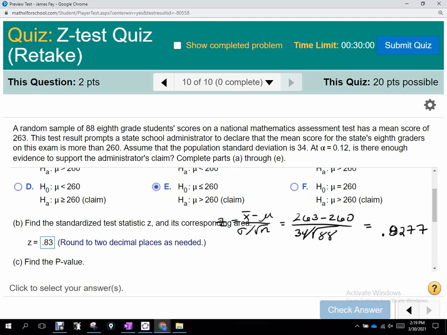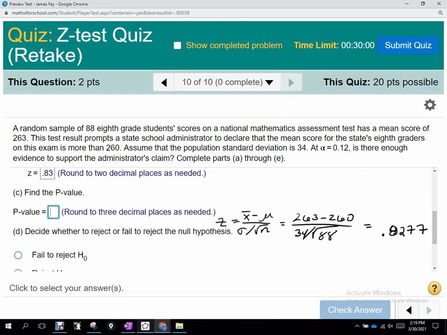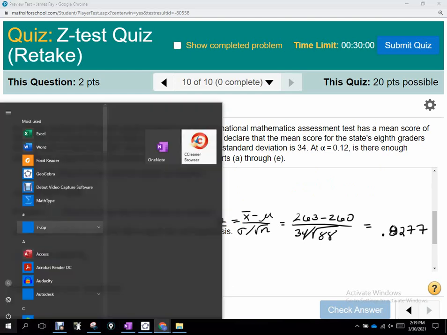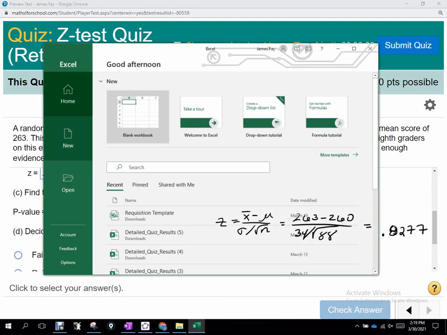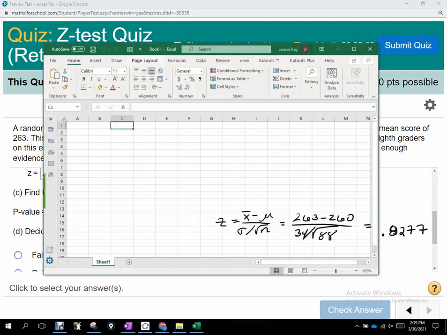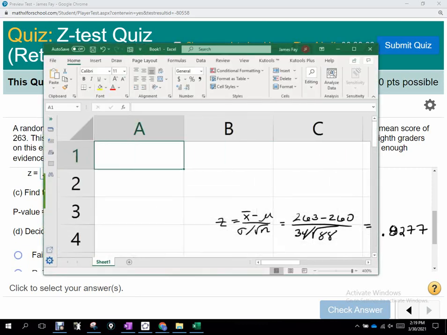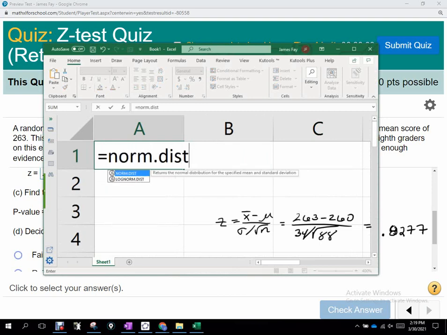So when we go find the p-value, we're going to type equals norm.dist.